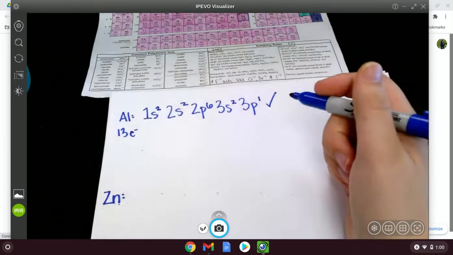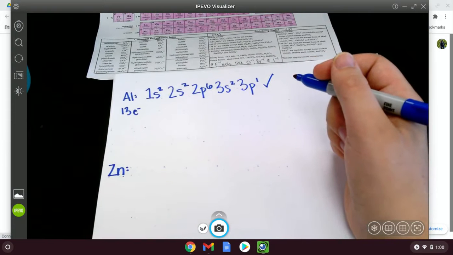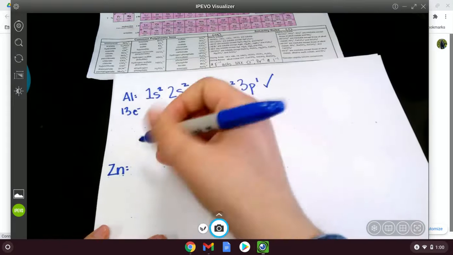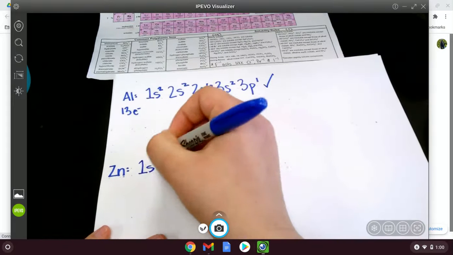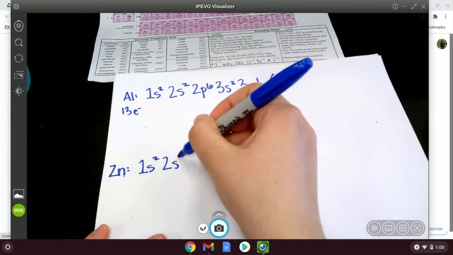Let's look at zinc. Okay, so what do we always start with? 1s. Okay, so we're going to start with 1s2. That will then bring us to 2s2.